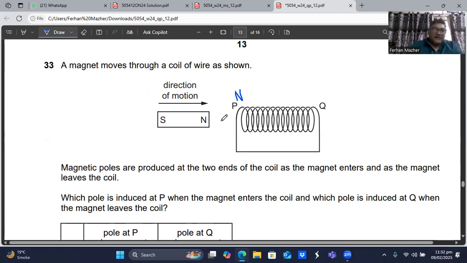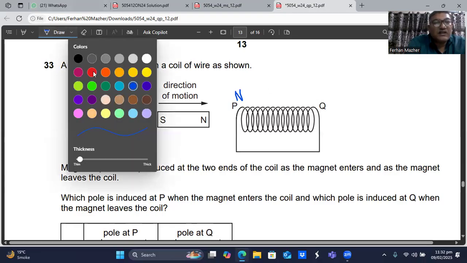To stop this approaching north, a north will be produced here. When the magnet enters and then leaves, the south will be facing this side, and because the south will be going away, to stop the going away south, this will become a north.